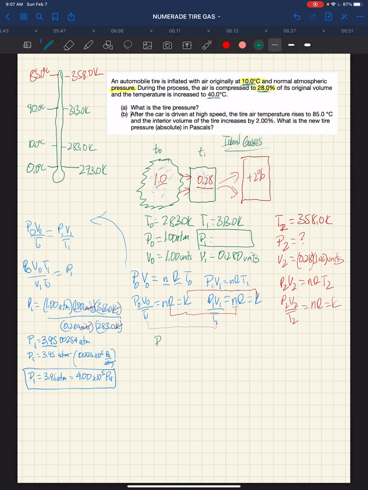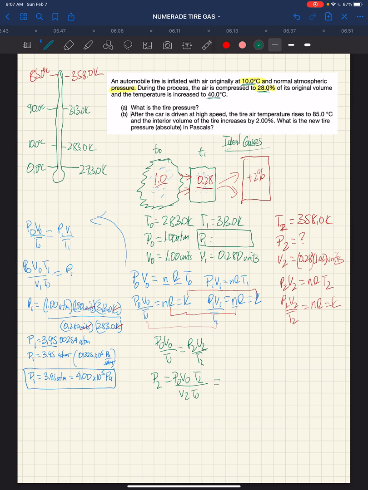So we then have P0V0 over T0 equals P2V2 over T2, again the combined gas law, and now we know why. Looking for P2, we end up with P2 equals P0 V0 T2 all over V2 T0.